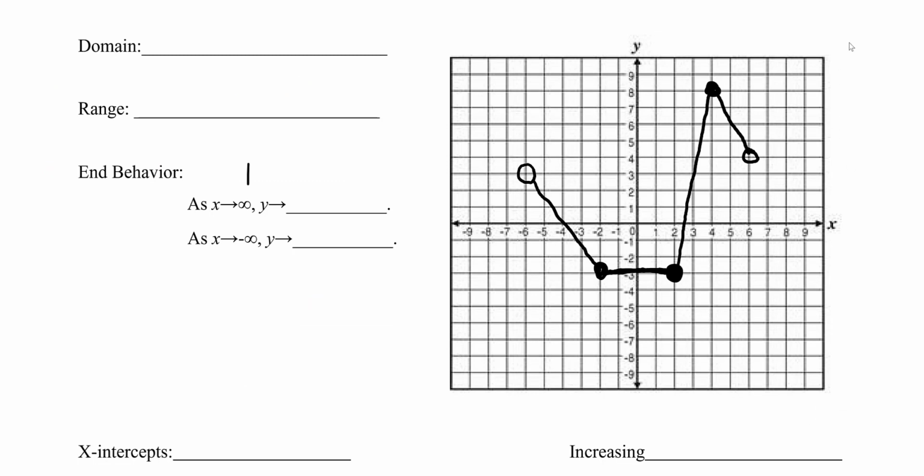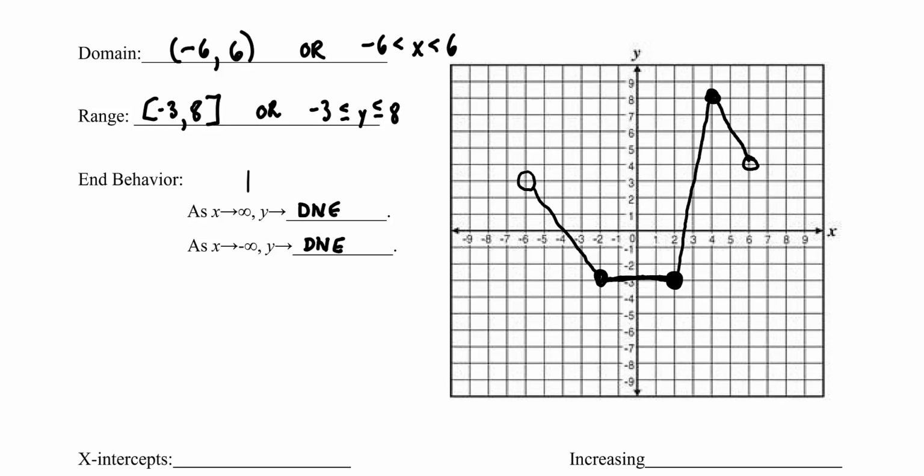So I'd encourage you to pause the video and try this next example. I'm first going to do domain, range, and end behavior, and I'll show that answer here in about 5 seconds. So here's what I got for domain and range.